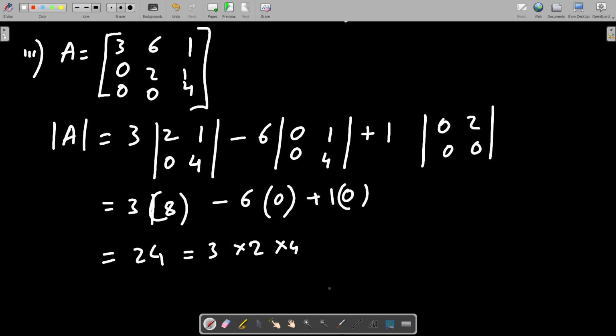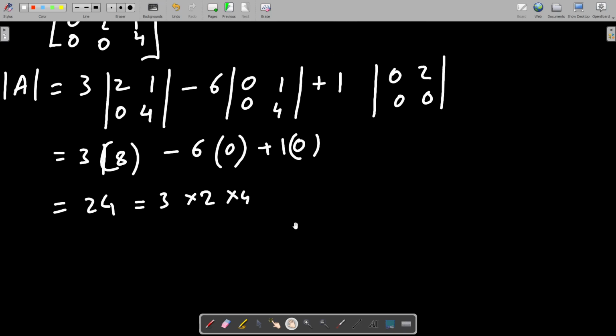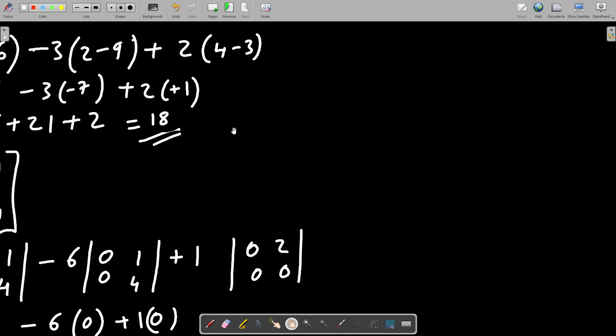So that's what we observe from this, that the determinant is nothing but the product of the diagonal elements. Okay, so this is the thing. So now having done so many examples, let us see some properties of the determinant.